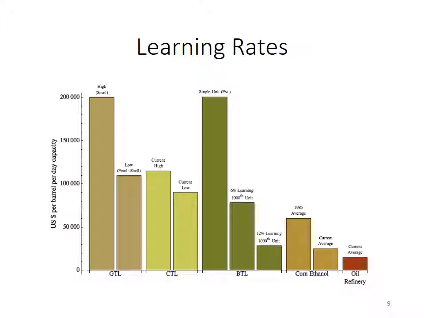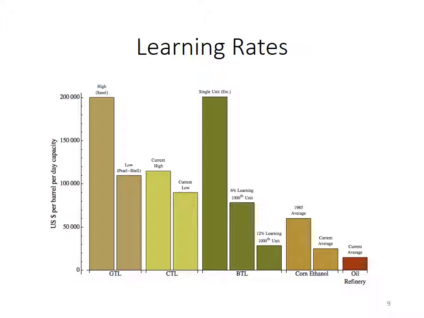Now that seems like a very low capital cost, but when you compare it to other industries, the corn ethanol industry, for example, has reduced their capital costs from $70,000 per barrel per day to below $20,000 a barrel per day. That is almost as low as building an oil refinery, which costs about $15,000 per barrel per day capacity.